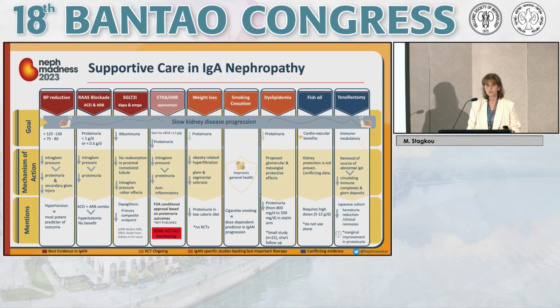Of course, we always give supportive care in IgA nephropathy, and this supportive care consists of blood pressure control, ACE inhibitors, ARBs, SGLT2 inhibitors, sparsentan, which is an endothelin inhibitor and is still in ongoing studies, weight loss, and of course control of dyslipidemia.